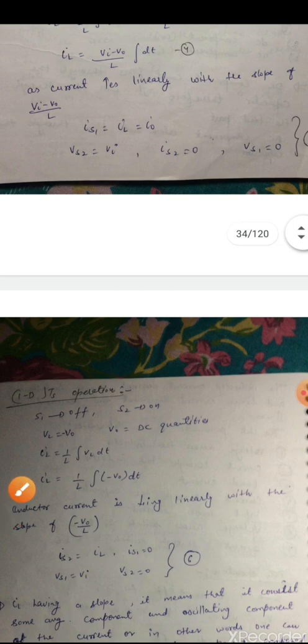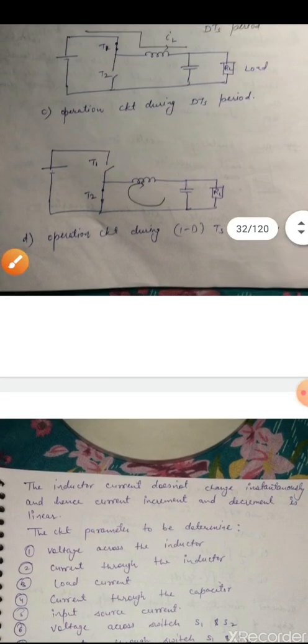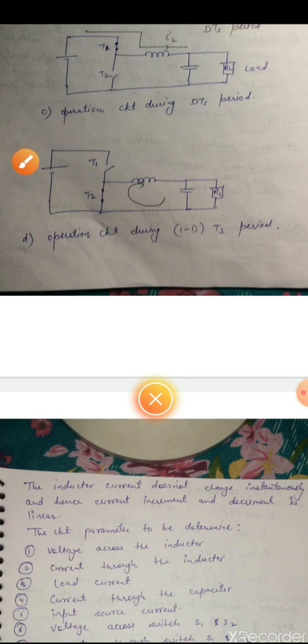In the 1 minus D Ts operation, that is the second mode of operation, you can see that switch S1 is off and S2 is on. Hence the voltage VS1 across this switch, when you apply KVL in this loop, is equal to the input voltage Vi, and the current through switch S1 is 0 because it is open circuited.